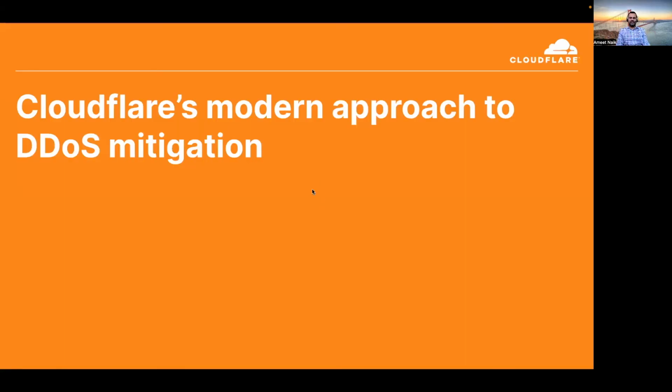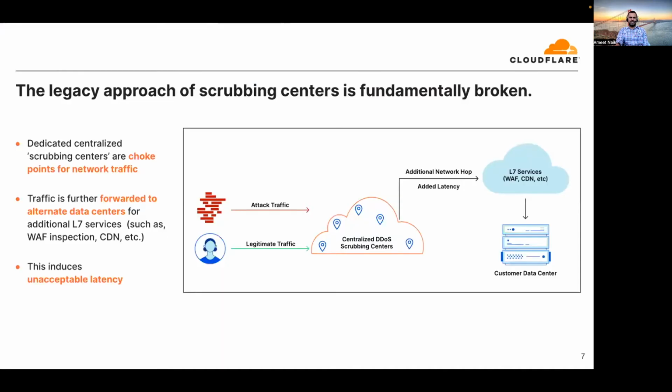So how is Cloudflare different, and how do we do this? We take a more modern approach to DDoS mitigation. If you look at the way DDoS mitigation has been done to date, a lot of organizations take the scrubbing center approach. If you look at the history of DDoS, we started off by implementing DDoS controls on firewalls. Then we realized that was not enough.